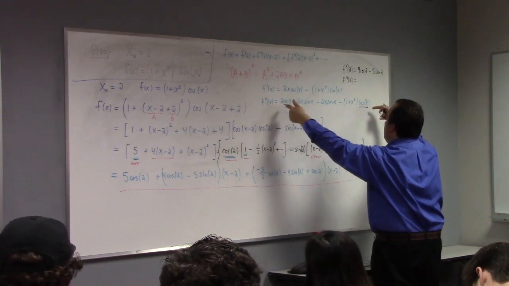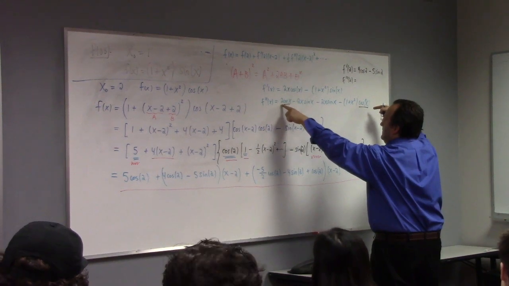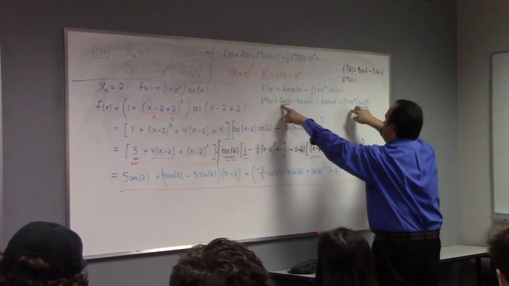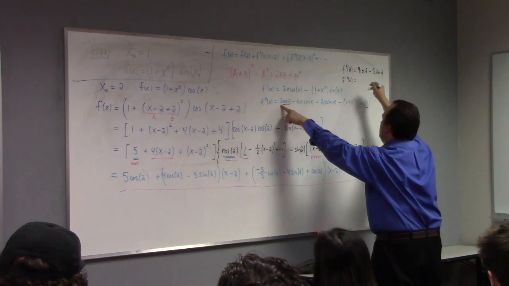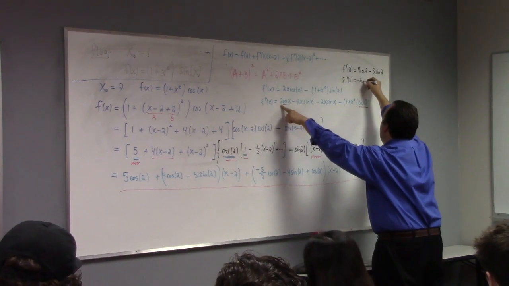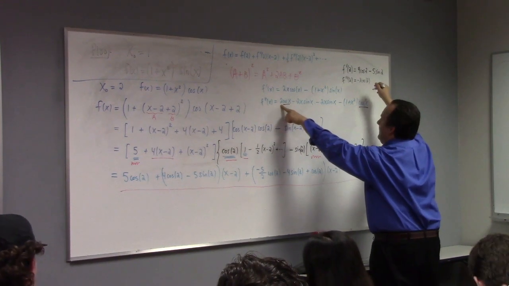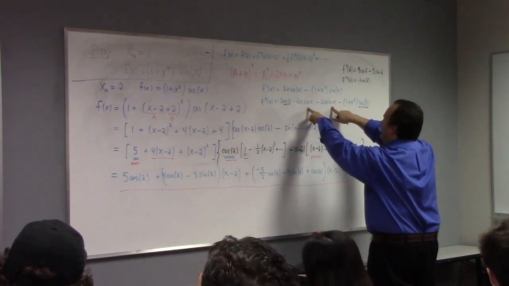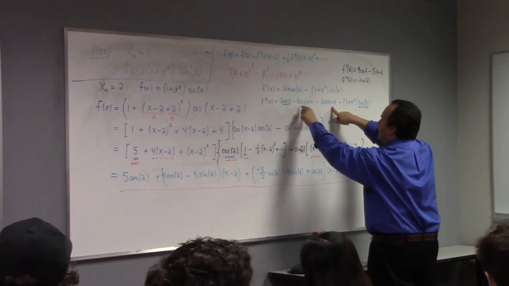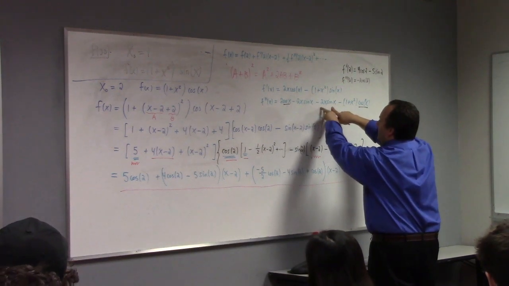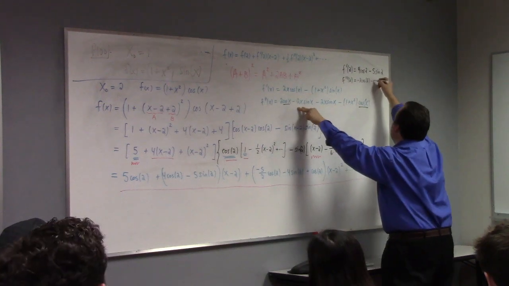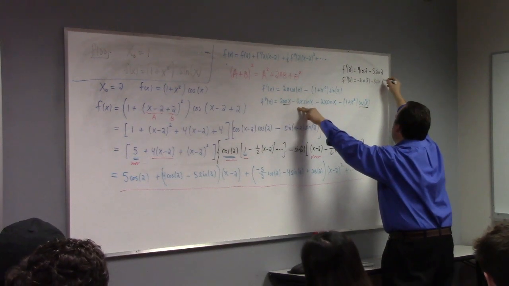When I plug in 2, this is a 5, right? 2 minus 5, so minus 3 cosine 2. And these are my sine terms. When I plug in 2, I've got 4, so I get a minus 8 sine 2, yeah?